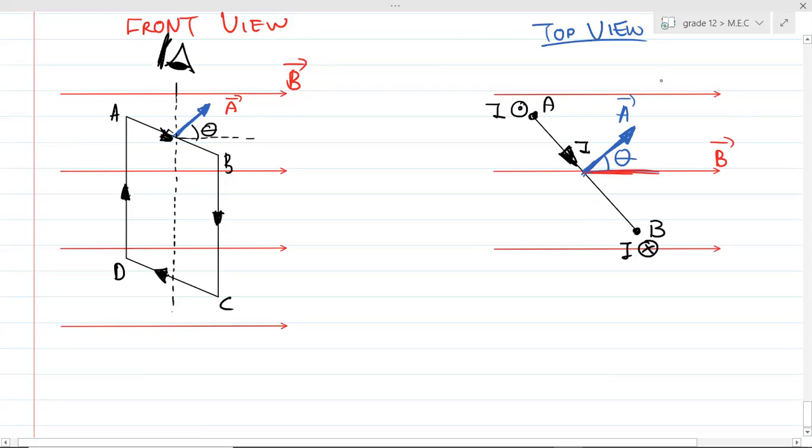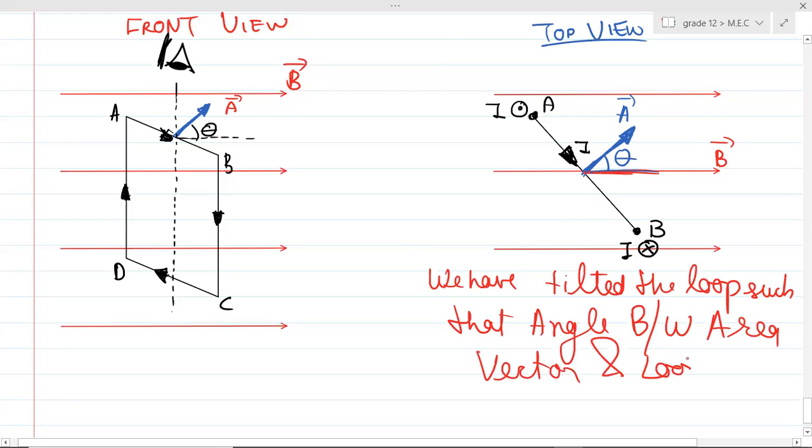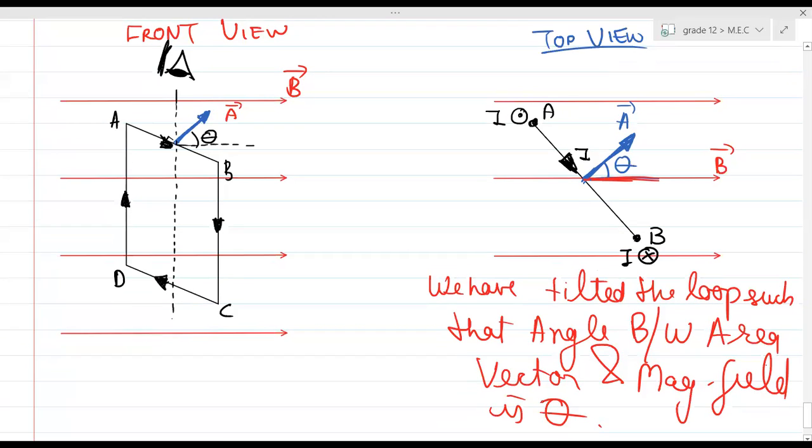So basically this is your loop. We have tilted the loop such that the angle between the area vector of the loop and the magnetic field is theta.